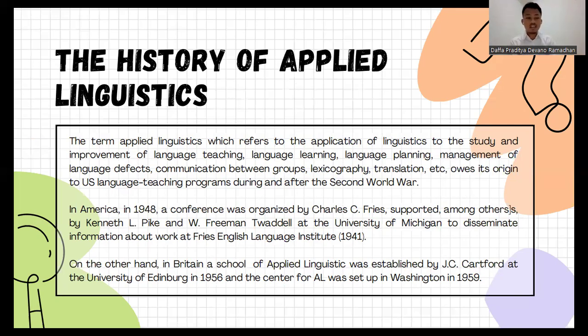On the other hand, in Britain the School of Applied Linguistics was established by J.C. Catford at the University of Edinburgh in 1956, and the Center for Applied Linguistics was set up in Washington in 1959.